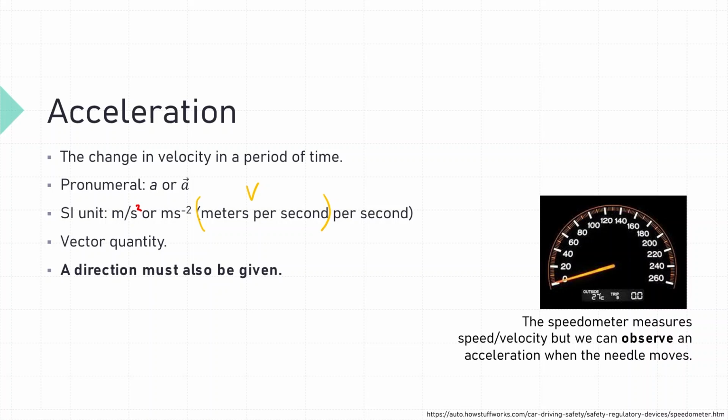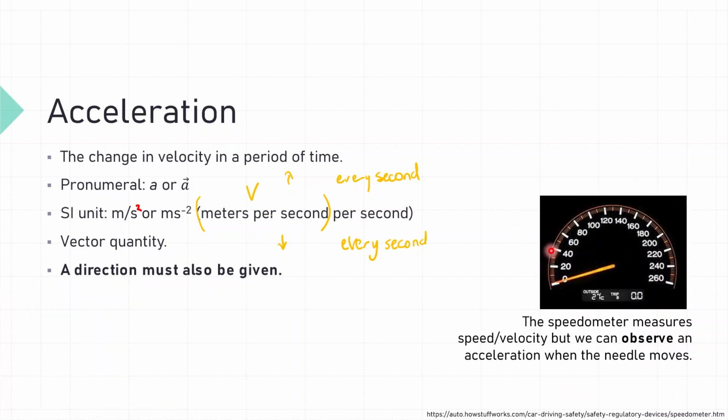When we're accelerating, if we were to speed up, there would be an increase in velocity every second. And that's something that we can calculate in a different video as well. There could be a decrease in velocity, a decrease in the meters per second traveled. And that could be happening really fast or really slow, and that could be changing every second. One way that we can observe acceleration is seeing a speedometer change.